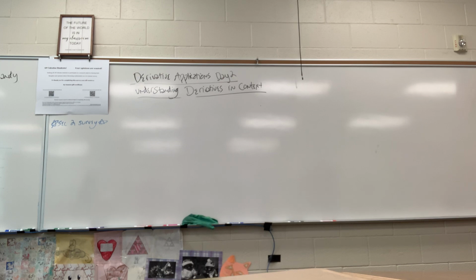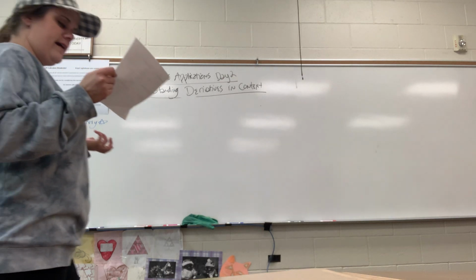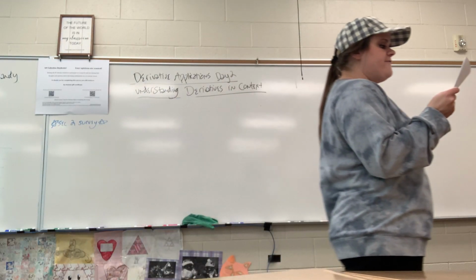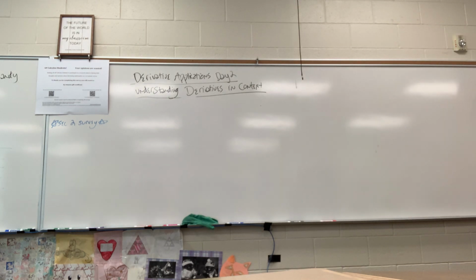What about number 4? Average. So to find it, I would do f of 5 minus f of 0 over 5 minus 0. Okay, what about number 5? Average, good. So f of 12 minus f of 0 over 12 minus 0. And then number 6? Good, instantaneous. So f prime of 7, okay?